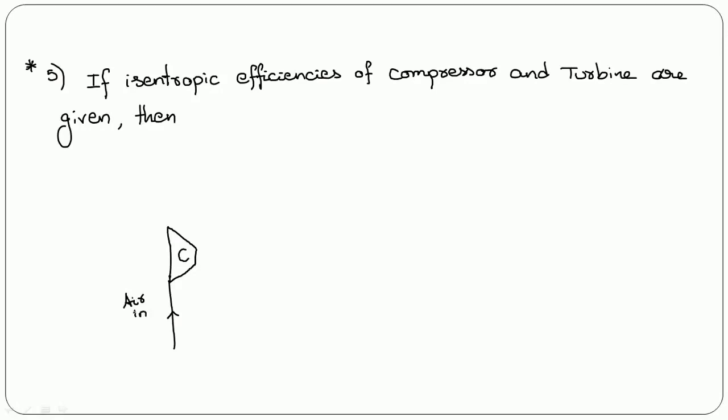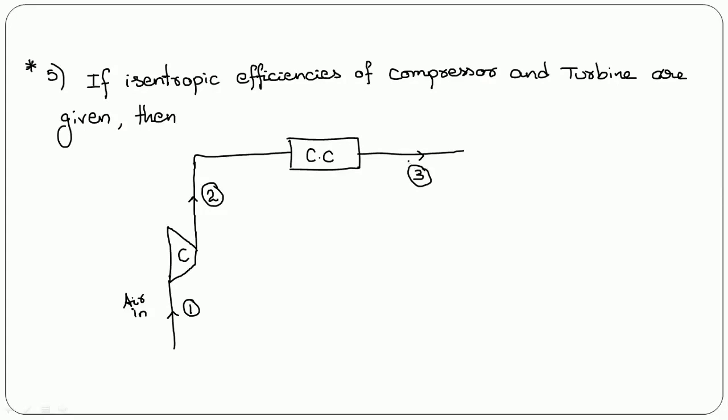Air is entering, let us say at condition 1. Now in the compressor air gets compressed and comes out like this at condition 2. Now this compressed air enters into a combustion chamber. So in the combustion chamber usually fuel will be injected, and as a result of that combustion takes place in practical cycles.